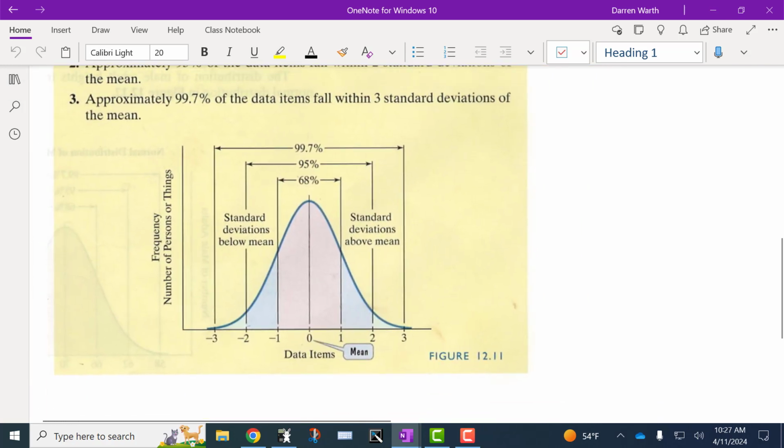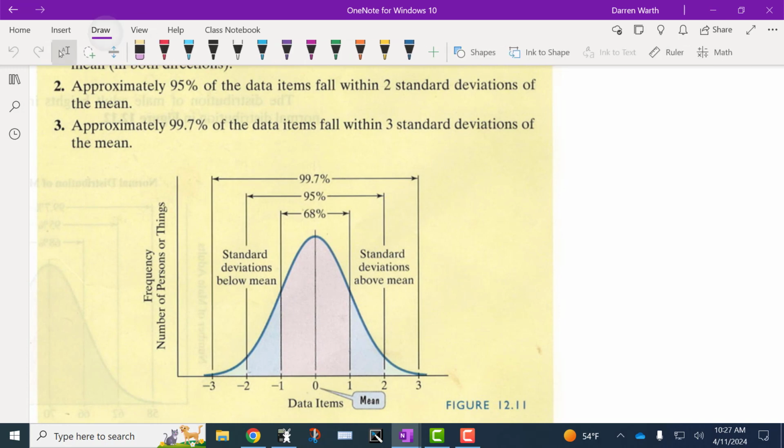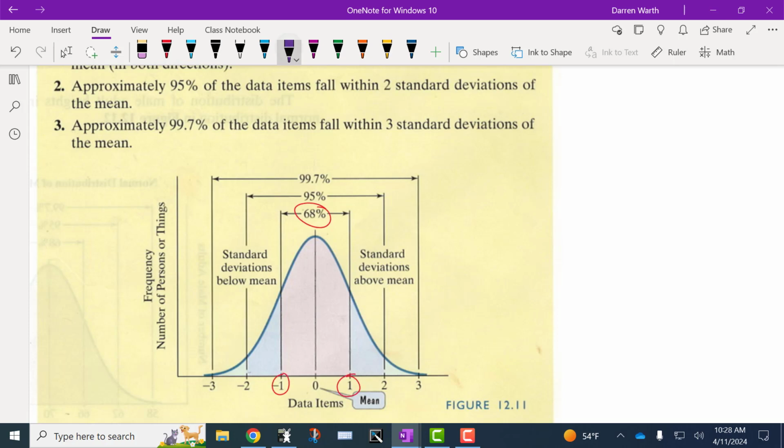So this is kind of how it breaks down. 68% of our data lies within one standard deviation on each side, so one above and one below. The next one is 95% lies within two above and two below. And then the next one says that we have 3 standard deviations above and below. Well, 99.9% of your data falls within that.